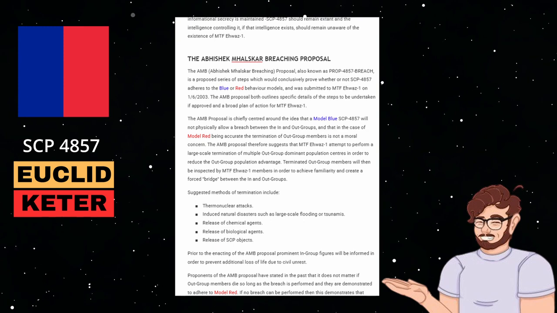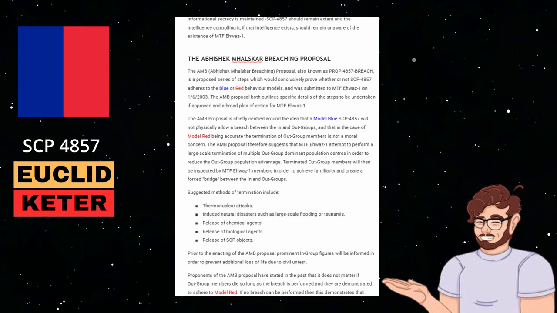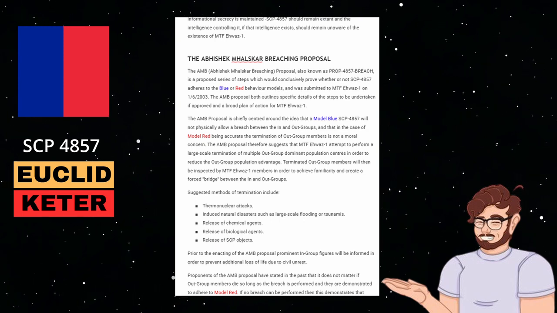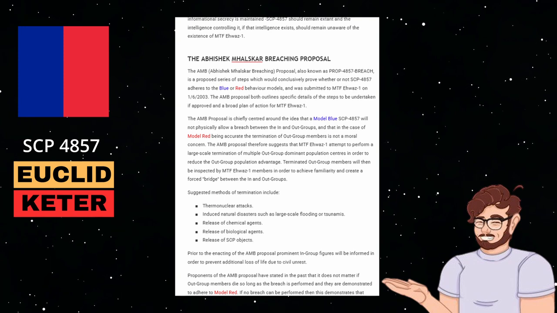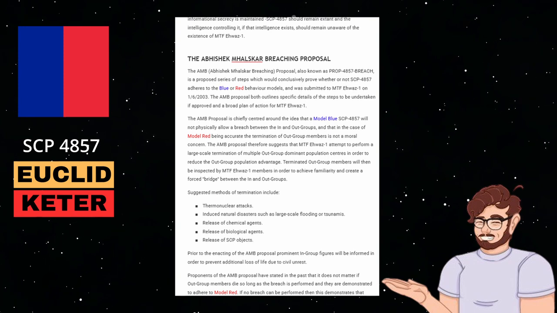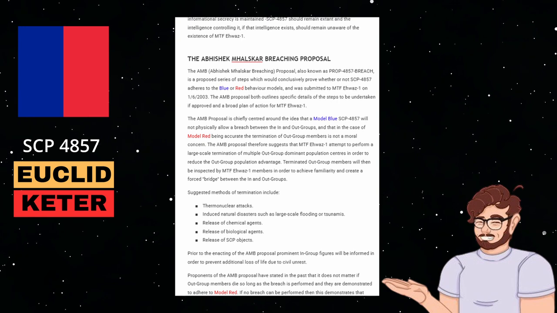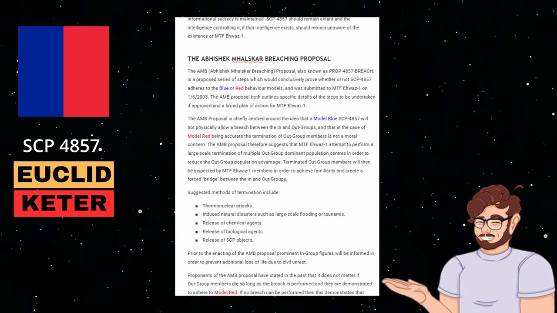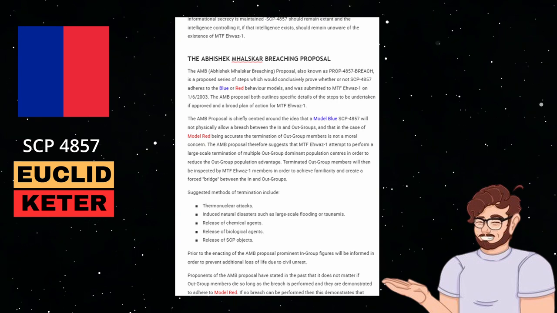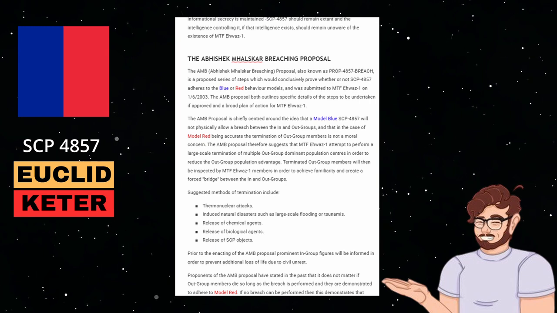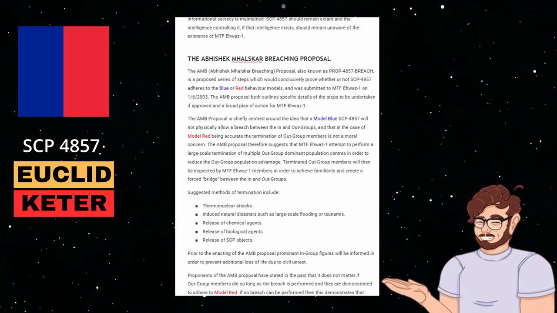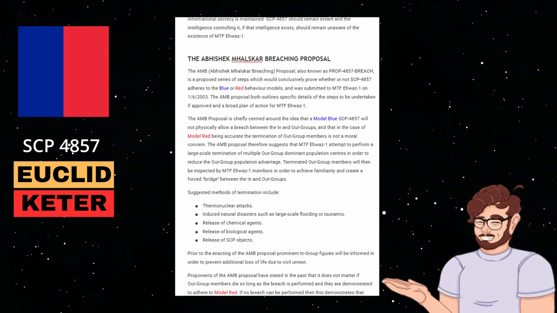The AMB proposal both outlines specific details of the steps to be undertaken if approved and a broad plan of actions for MTF-1. The AMB proposal is chiefly centered around the idea that a Model Blue SCP-4857 will not physically allow a breach between the in and out groups, and that in the case of Model Red being accurate, the termination of outgroup members is not a moral concern.